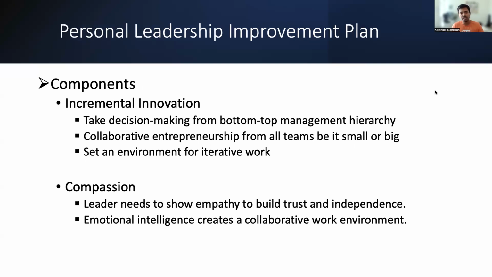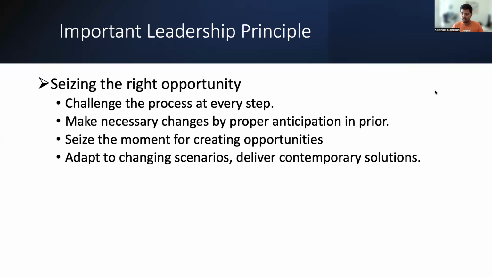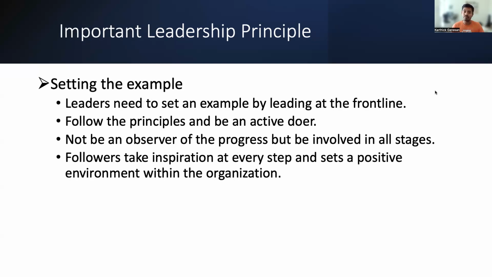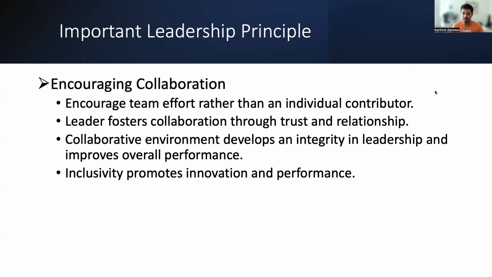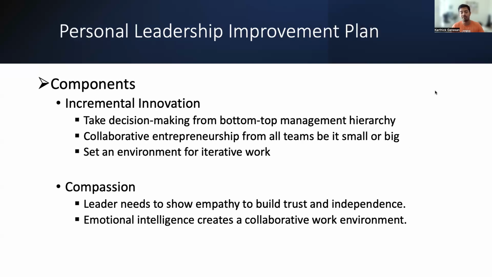So based on these leadership principles that we have seen, starting from setting the example, seizing the right opportunity, and encouraging collaboration, this is the improvement plan that I was able to create myself, of course, with the help of these principles. First, incremental innovation. As I said, an agile business environment is often followed in a rapidly changing business environment, and any innovation that I can think of in my world, I have to do it incrementally and not try to do it all at once.